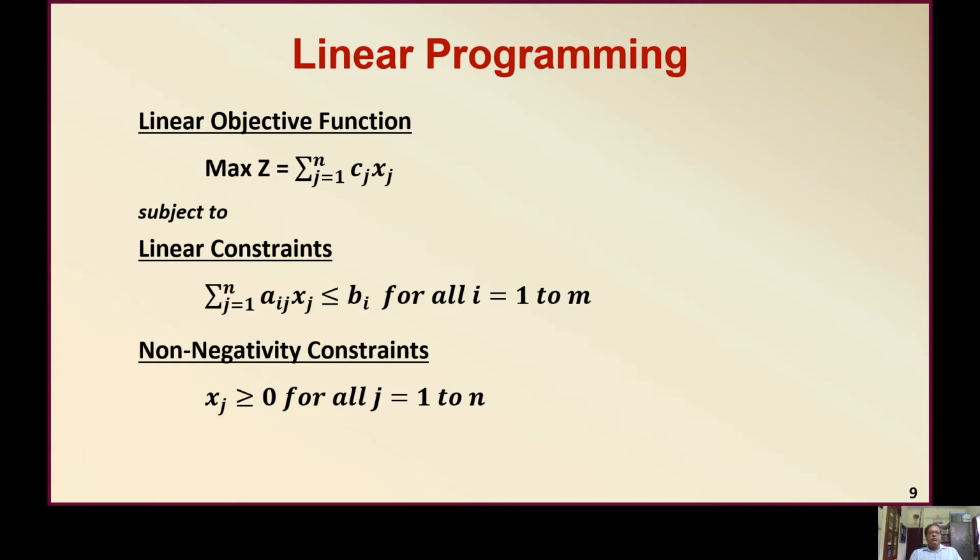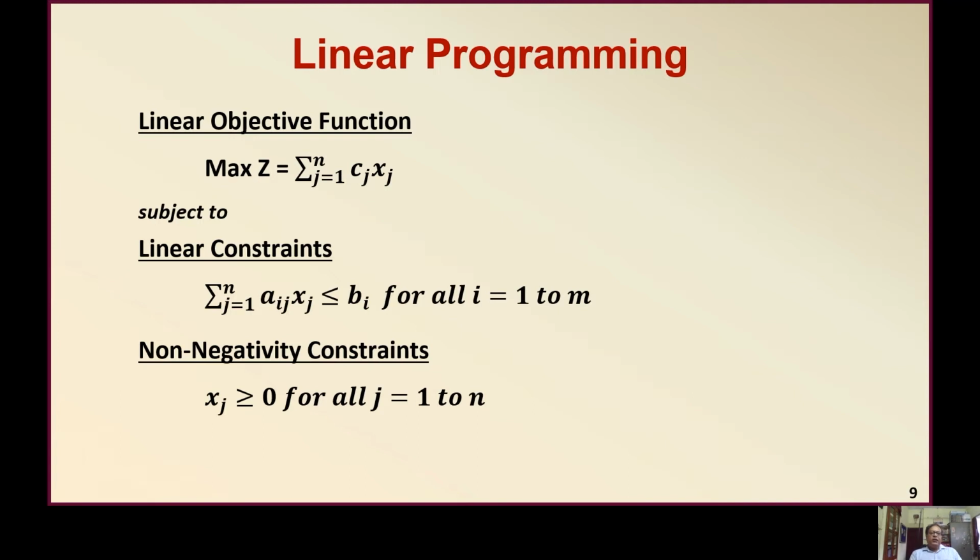Here, cj are the profit coefficients and xj's are the decision variables. So if I have, say, 5 decision variables, the objective function is: maximize Z equal to c1 x1 plus c2 x2 plus c3 x3 plus c4 x4 plus c5 x5.